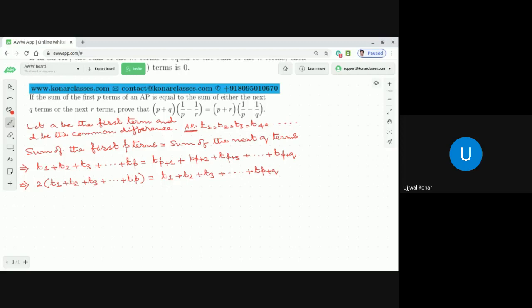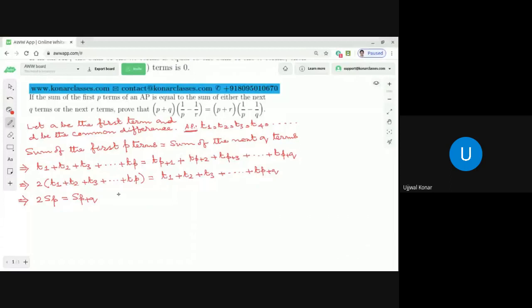In the left hand side, I am adding T1 plus T2 plus T3 up to TP. On the right hand side, I will also add T1 plus T2 plus T3 up to TP. Then TP plus 1, TP plus 2 are already there. So exactly it means T1 plus T2 plus T3 up to T of P plus Q. I hope you got it, right? So from here what do we get? 2 into SP, the sum of the first P terms, is equal to S of P plus Q, the sum of the P plus Q terms.